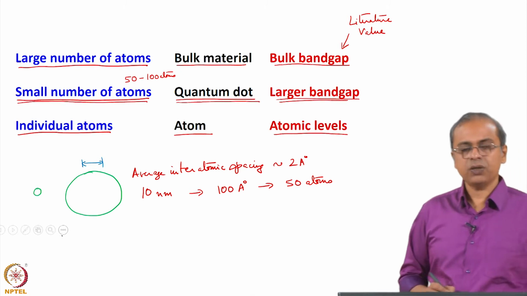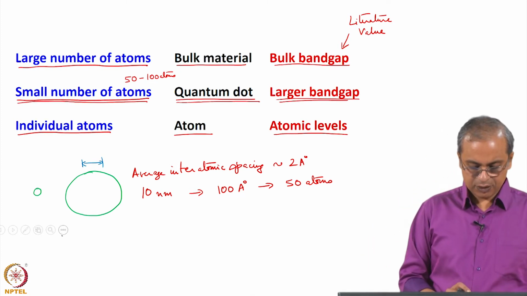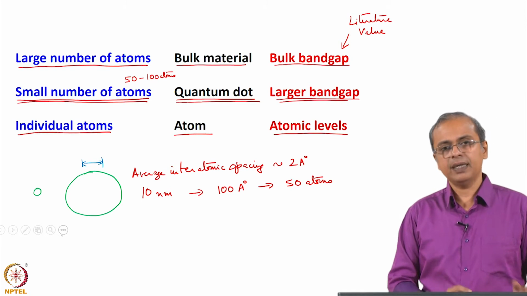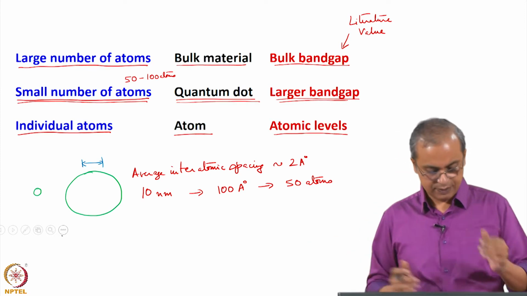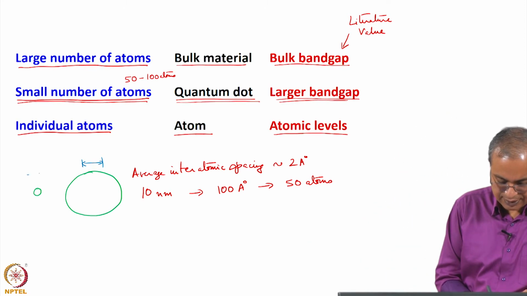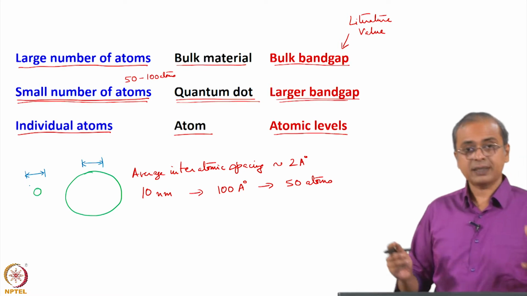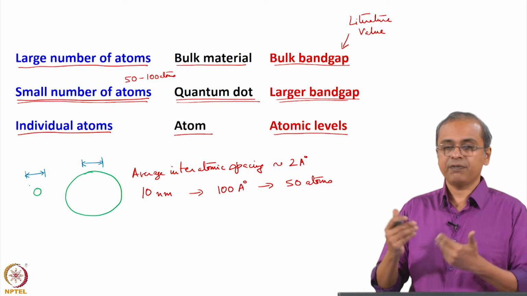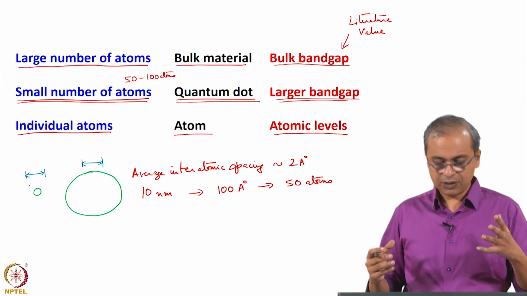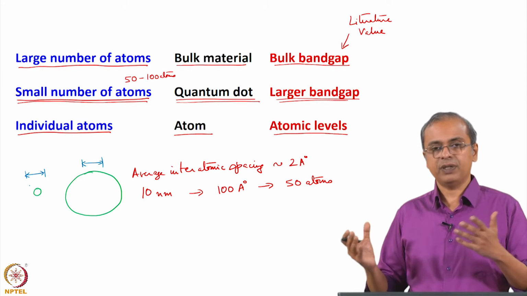This exciton Bohr radius clearly is smaller than the large particle, and therefore, in the large particle you see the band gap of the bulk. On the other hand, here it is larger than the particle, and therefore, the exciton is now getting confined within this particle, and therefore, you see a behavior which is different from that of the bulk, and that is what ends up creating a shift in the band gap.